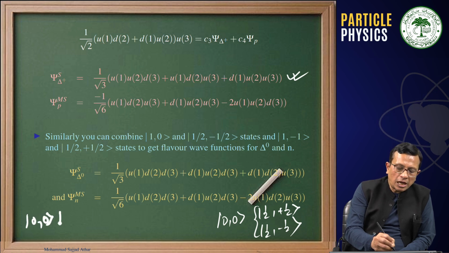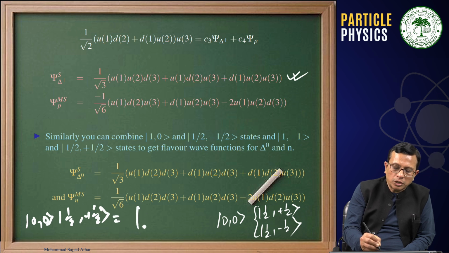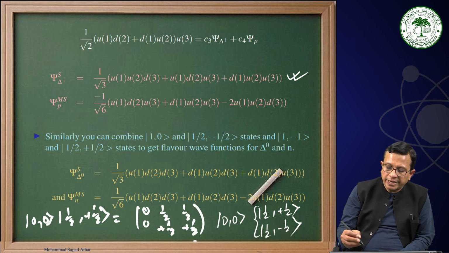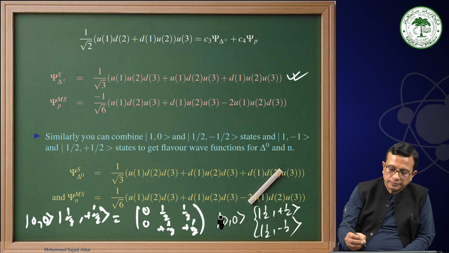The important point is that when you start considering 0, 0 with half plus half, you are getting only the proton part.